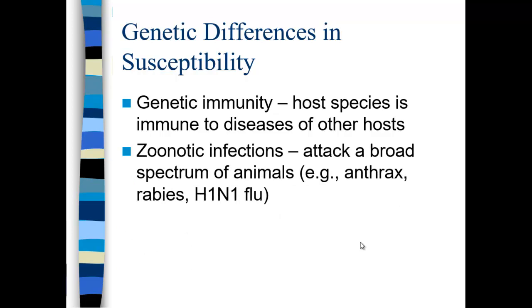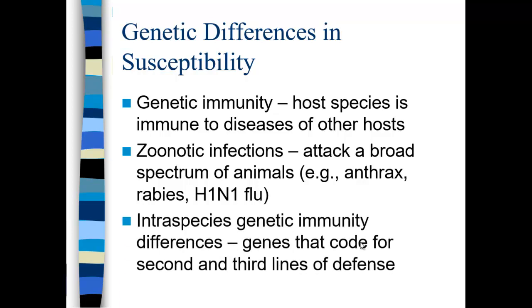There are still zoonotic infections that will attack a broad spectrum of animals like anthrax, rabies, H1N1 flu, where genetic immunity does not come into play because the human species is not immune to those diseases that are presenting in other animals.